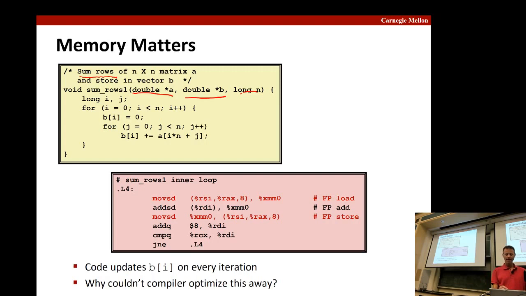What it does is it goes through and looks at one row at a time. Initially the sum of that row is going to be 0, so the ith element of B is 0. Then I run through the elements of that row and accumulate the sum. When I'm done with that row, I do the outer loop and go to the next row, and so forth.